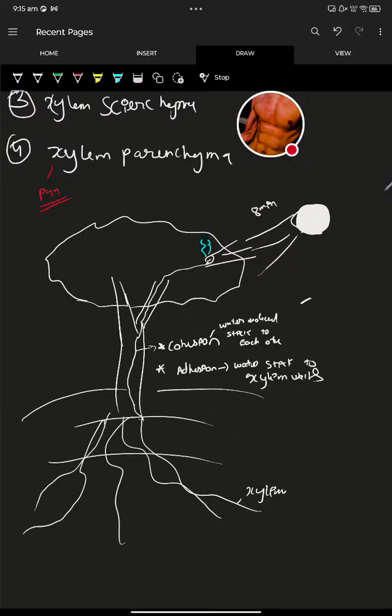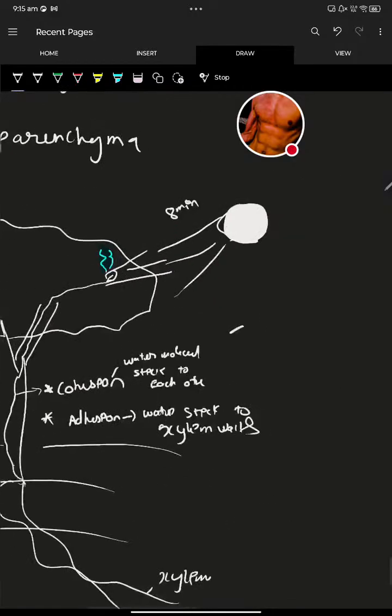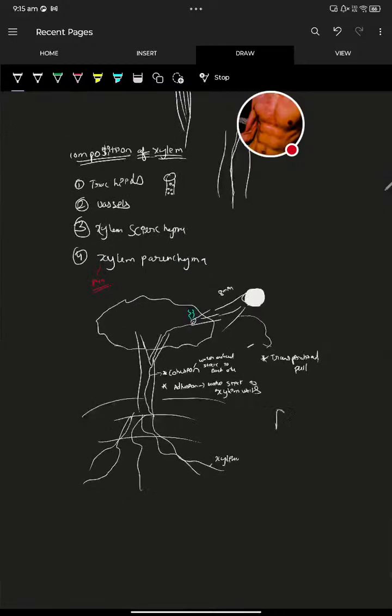And there is a transpiration pull going on here. The water loss whole thing I told you is called transpirational pull, and this whole example is a PYQ.